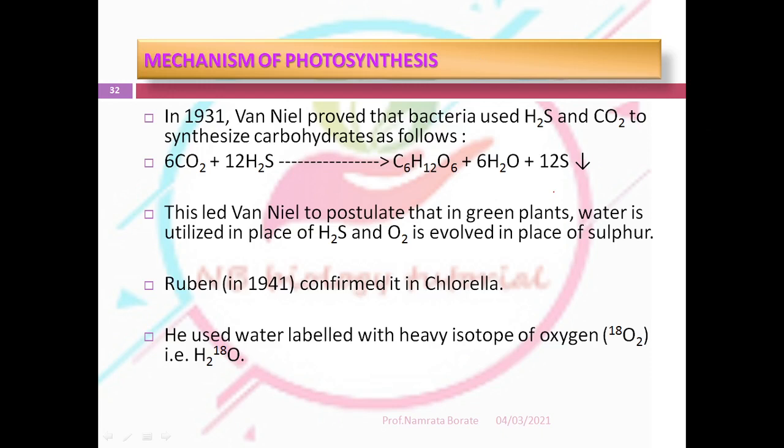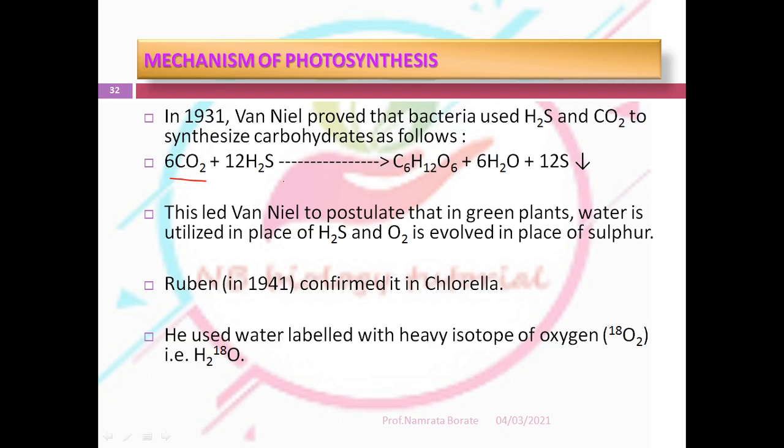So what's the source of oxygen? Whether it comes from the carbon dioxide or whether it comes from the water. For this, various scientists gave various opinions. First of all, the source of oxygen, in the simplified equation of photosynthesis, is not clear: whether the oxygen produced comes from carbon dioxide or from the water.